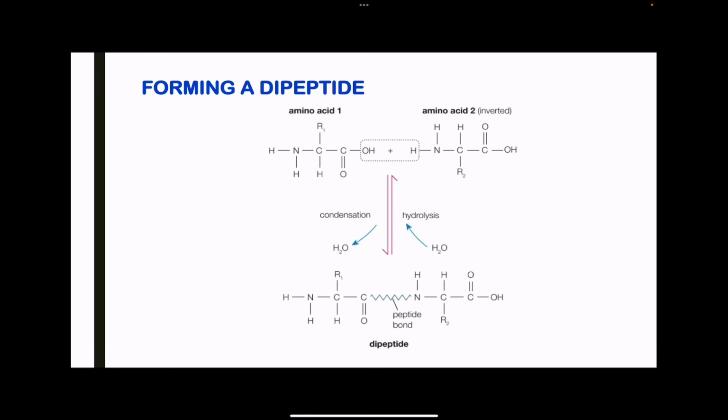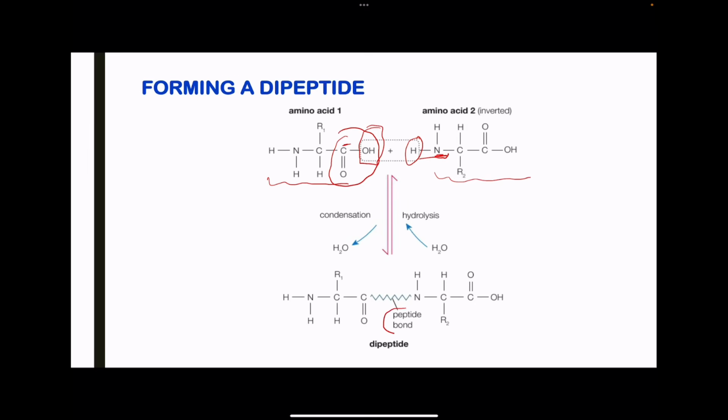Here's an example of how a dipeptide can be formed. And again, one amino acid and the next amino acid. Again, this is extracted from your textbook. So from one amino acid, we have a carboxylic group, and that carboxyl group has OH. So the OH of one carboxylic group is going to interact with a hydrogen from the amino group, and water is going to be lost. Then this nitrogen is going to connect to that carbon, forming what we see here.